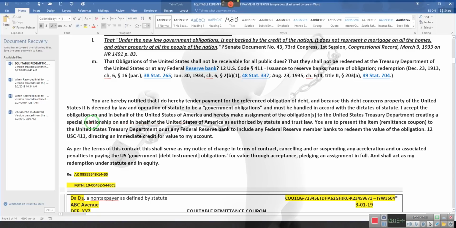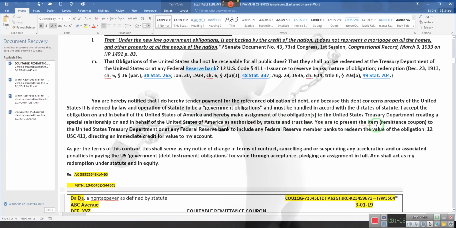I accept the obligation on and in behalf of the United States of America because nobody has been accepting anything on behalf of America. Well, I accept it on behalf of the United States of America as being one of the people, and I hereby make assignment of the obligation to the United States Department of the Treasury, creating a special express trust relationship on and in behalf of the United States of America as authorized by statute and trust law.